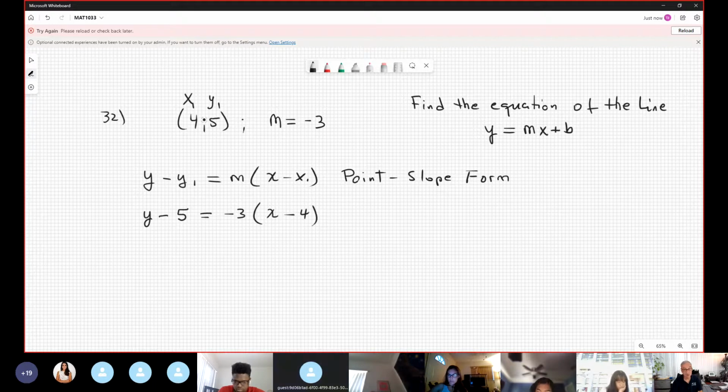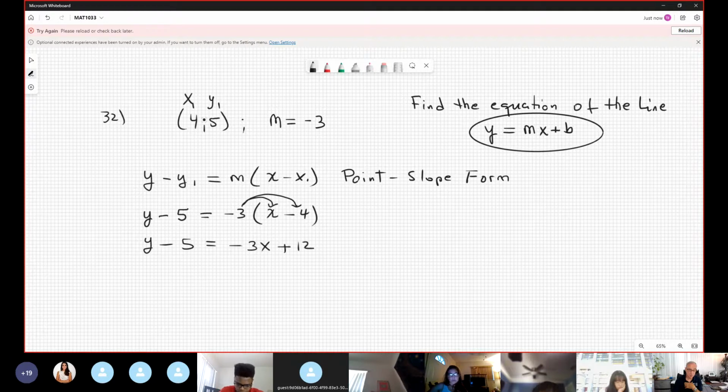Yes. But I don't finish here because I want it in that way. What should I do? Well, solve for y. So now I recommend applying the distributive property here. Bam, bam. y minus 5 is equal to -3x plus 12, because -3 times -4, negative times negative, is positive 12.